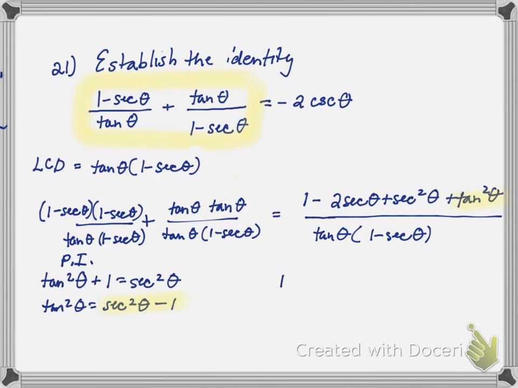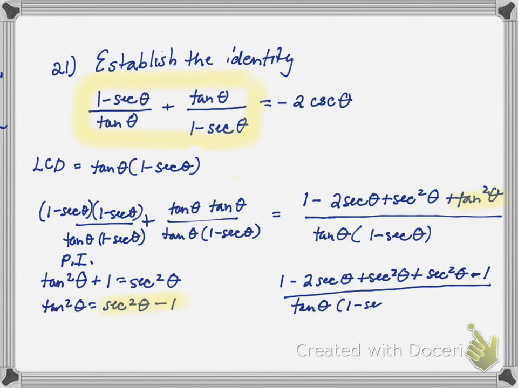So now I have 1 minus 2 secant theta plus secant squared theta. Now instead of having tangent squared theta, I have secant squared theta minus 1. And this is all over tangent theta times 1 minus secant theta. At this point, I can start getting rid of some things and combining like terms.